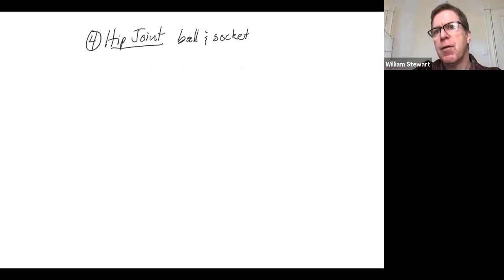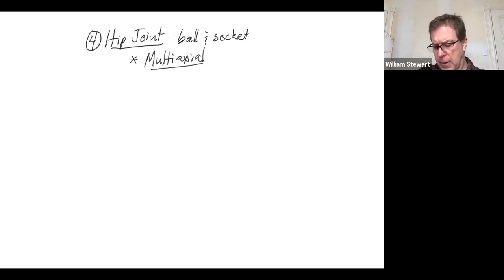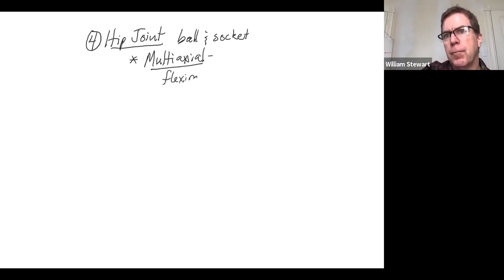The movements that are involved, first I'm just going to write multi-axial. The typical movements are flexion, extension, abduction, adduction.